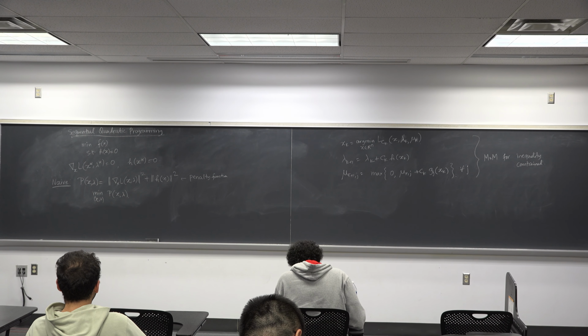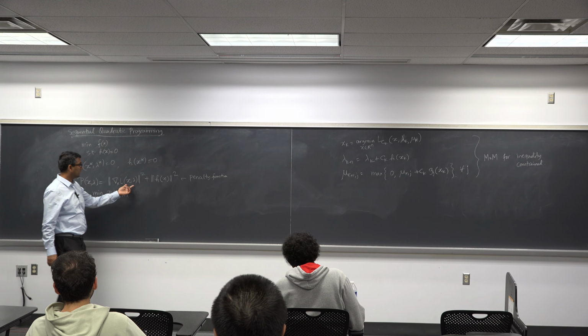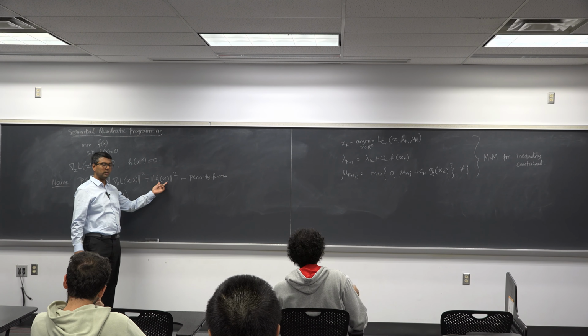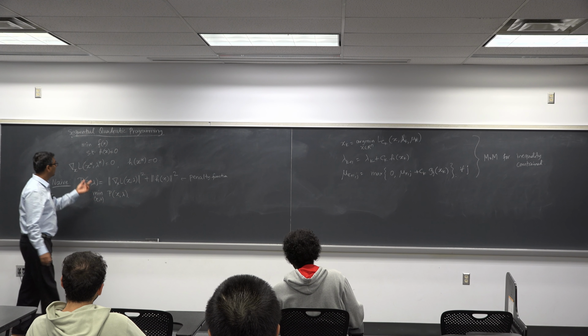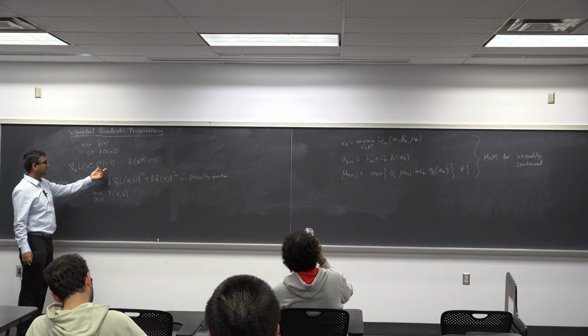Okay, let's say you are solving this problem. What is the optimal solution here? Remember, this is always non-negative because this is norm squared, so non-negative. This is norm squared, so non-negative. And I know that there is an x star lambda star that satisfies the gradient equals 0 and h of x star equals 0.